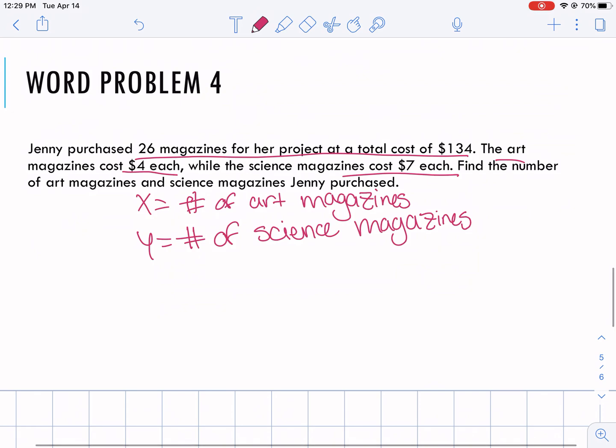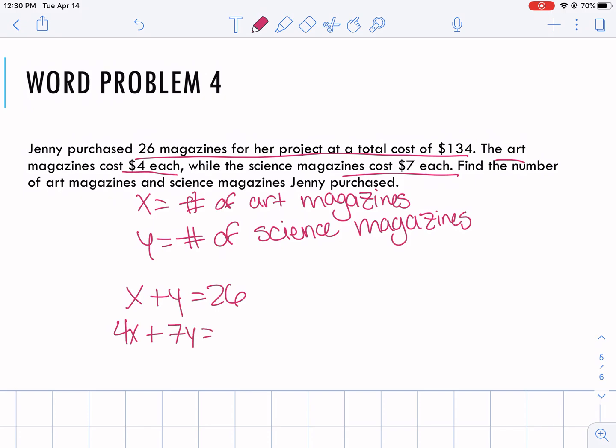So like the wrapping paper one, we have x plus y equals 26. And then we have 4x plus 7y equals 134.